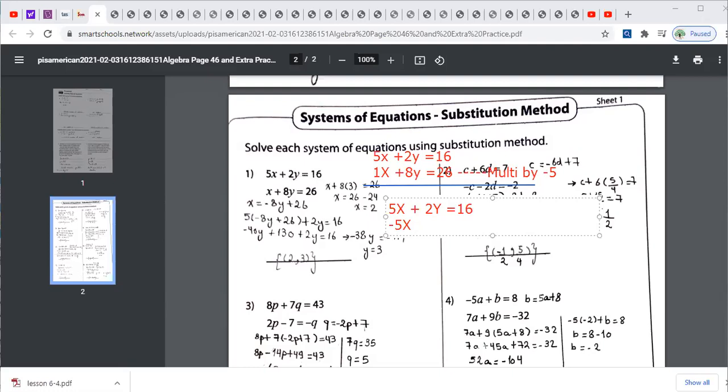Where is Jana Guda? Yes, could you please continue with me? 26 multiplied by negative 5, it will be how many? I don't know.